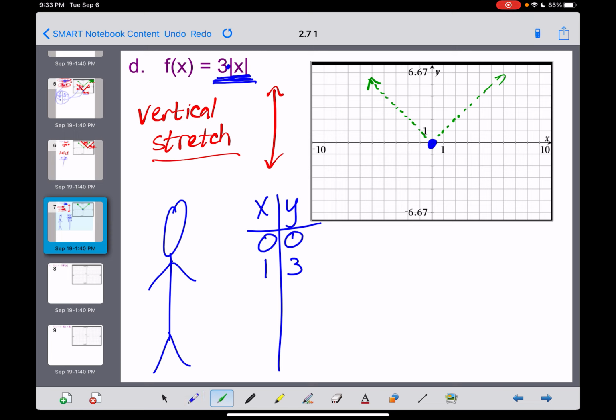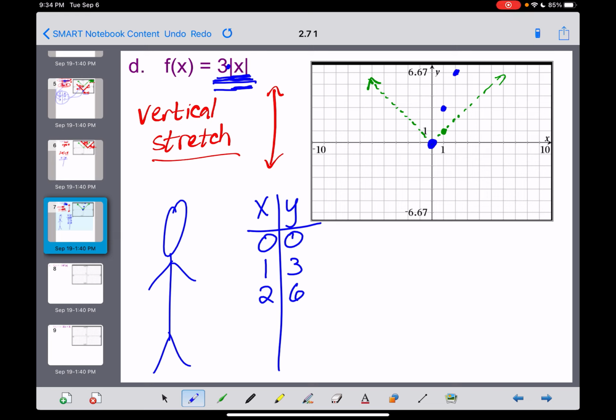That gets me the ordered pair, well, not 1, 1 like I had on the parent graph, but now I have the ordered pair 1, 3. It's located right there. Watch what happens when we put in 2. The absolute value of 2 is 2 times 3 is 6. So my next solution, the ordered pair 2, 6.